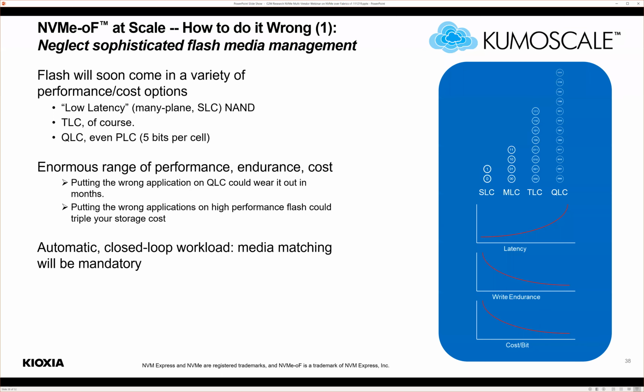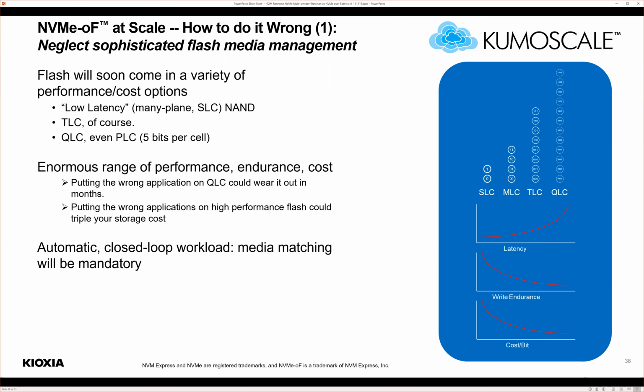So how to do it wrong? One is to neglect the media management aspect of networked flash. Flash today is sort of homogeneous. We all have so-called TLC, or three-level cell flash. But flash is about to explode into a lush set of different flavors, including low latency flash, which is kind of back to the future.